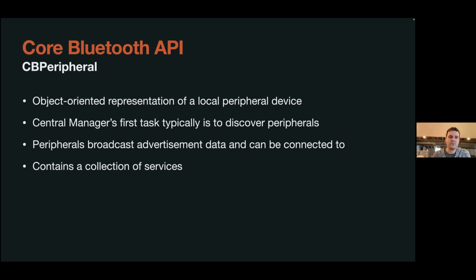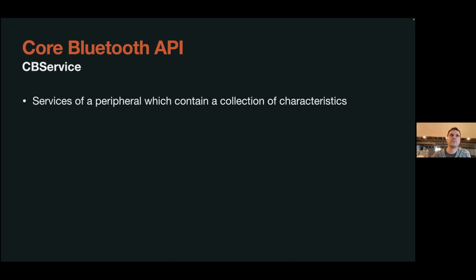But the other thing is a peripheral contains that collection of services that I was referring to earlier. There's more to services than what I mentioned here. I just kept it simple, which is a service is a collection of characteristics. It's up to the peripheral and the firmware on the peripheral how those services group those characteristics.